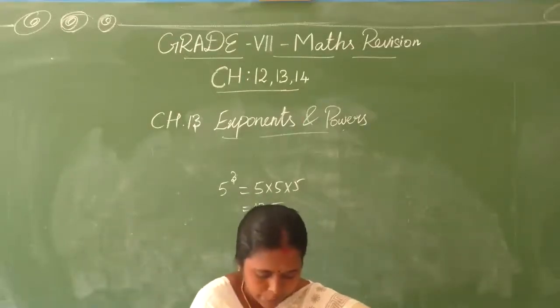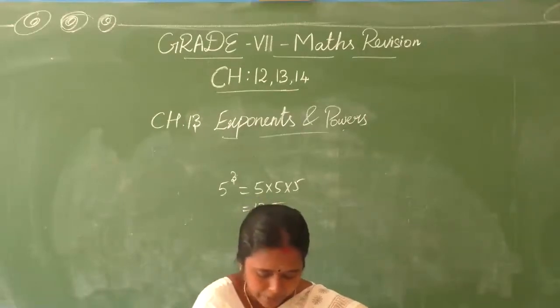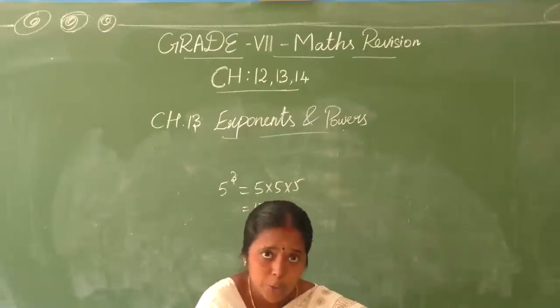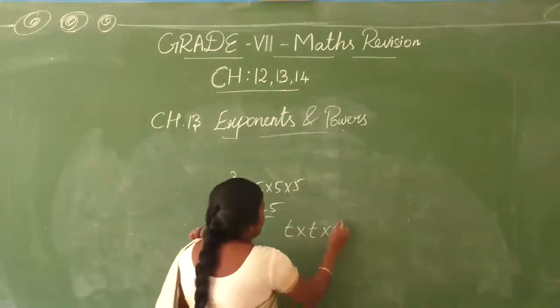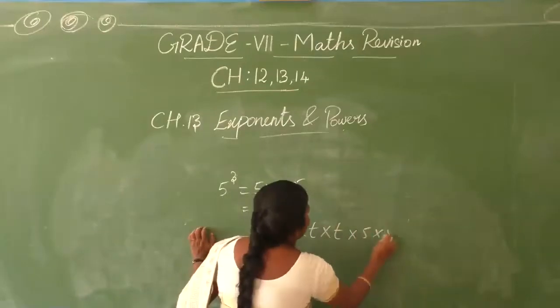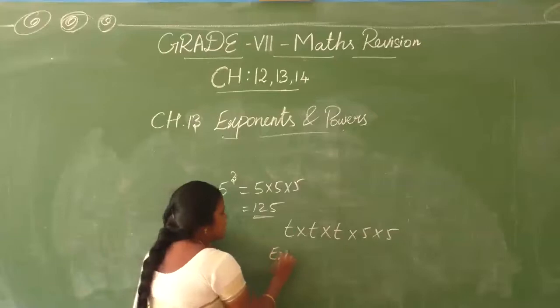Now oppositely, the product form is given; write it in exponential form. Express the following in exponential form. See, t into t into t into 5 into 5. The product form is given. Write this in exponential form.